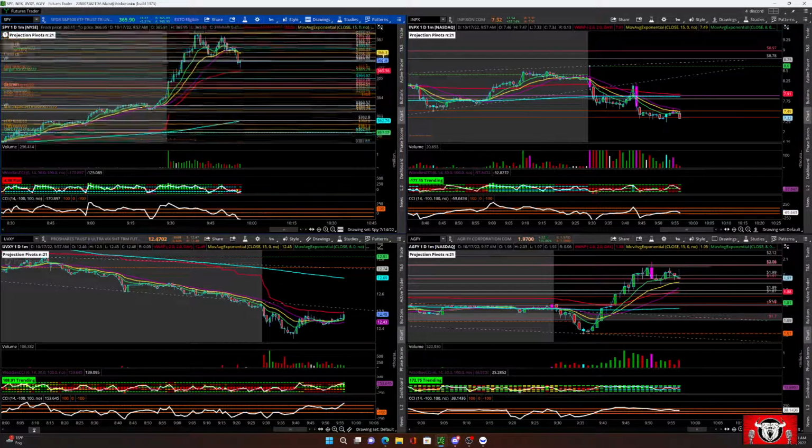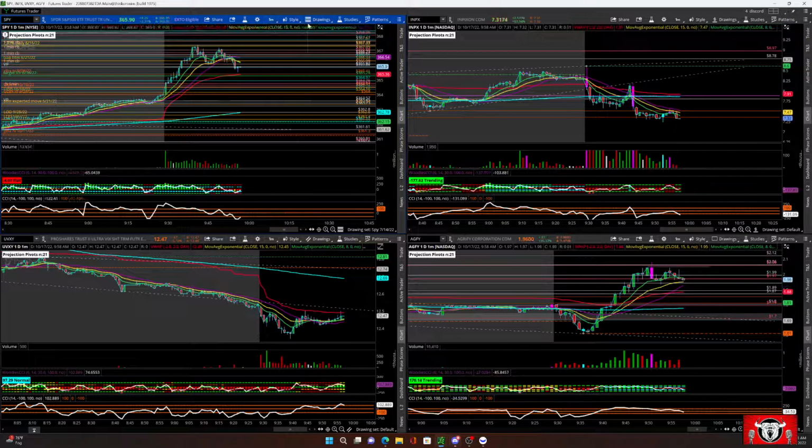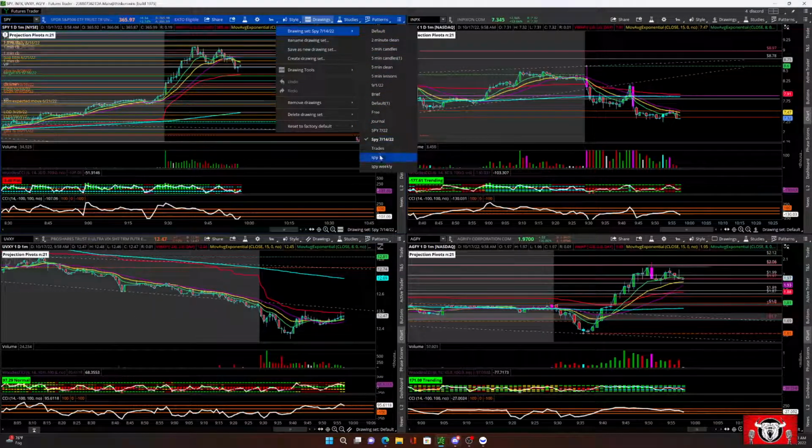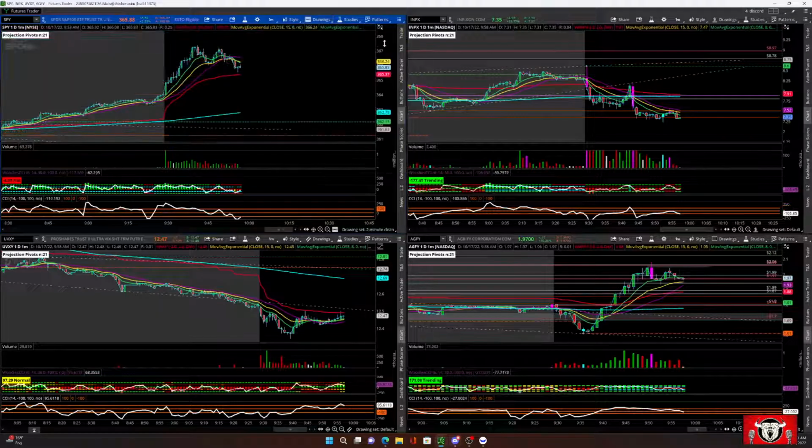That's what I like about this. When I discovered this, I've got too many right here. There are too many different ways to look at SPY, but at least we can take them all off and put them back on. And I have my 5-minute chart that I keep clean.